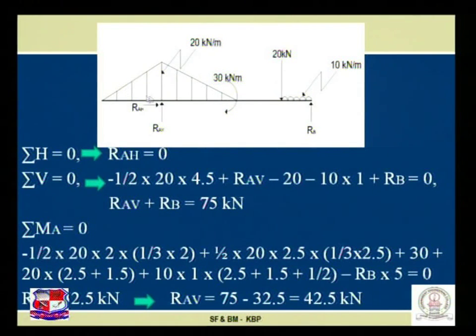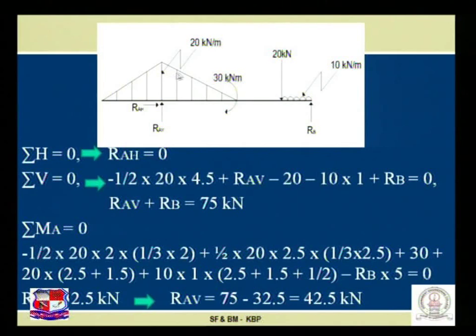If I take the left part first, then half into 20 into 2 into the CG distance. What is the CG distance? It is over here, 1/3 of 2, which carries a moment in anti-clockwise direction, section left anti-clockwise, negative sign. So minus, half of 20 into 2 into 1/3 into 2.